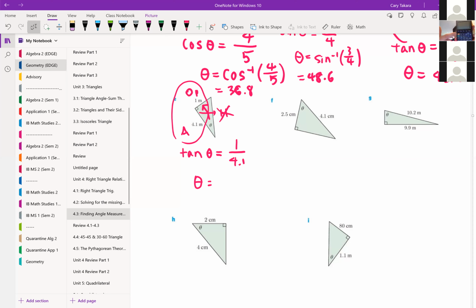This is tangent, so you go second, and then the tangent button. That will give me the inverse tangent. And then you do 1 divided by 4.1.